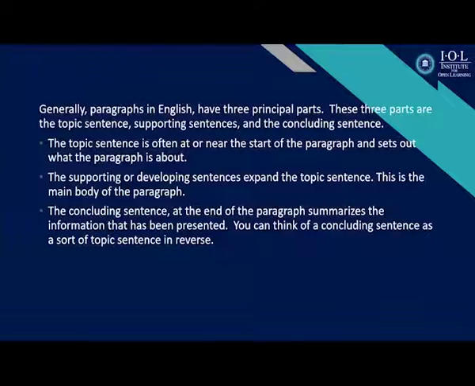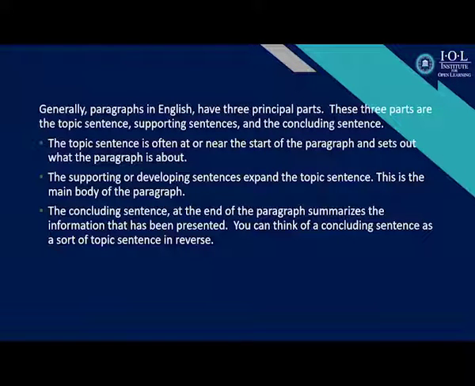Generally, paragraphs in English have 3 principal parts. They have a topic sentence, which introduces the reader to the paragraph and tells the reader what the paragraph is all about. And this is where you find the main idea of the paragraph. And it also has the supporting sentences, which give examples and go into details which support the main idea that was expressed in the topic sentence.